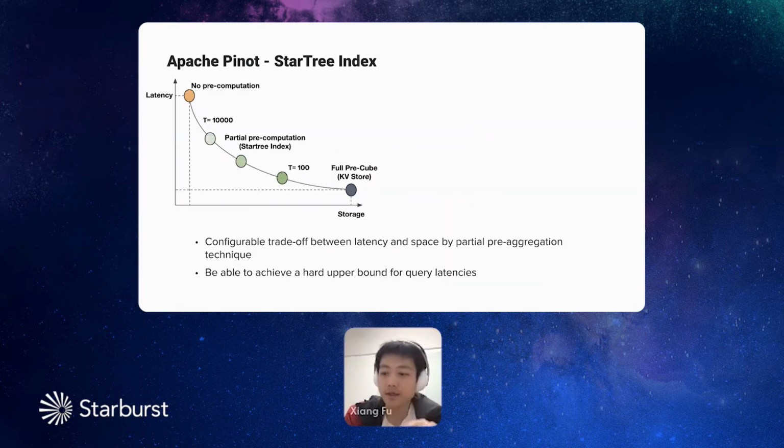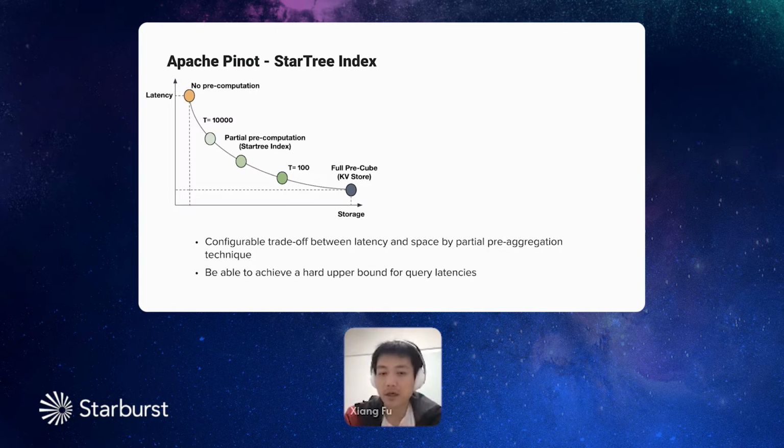So star-tree is actually one unique technology. We're providing a way to do partial pre-aggregation. For example, we just pre-aggregate those metrics that contain more than a threshold of, let's say, 1,000 orders in all dimension combinations, which means we only pre-compute those important or significant dimension combinations.